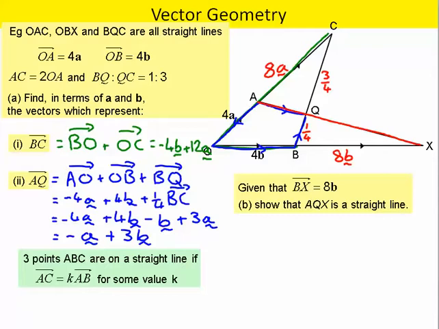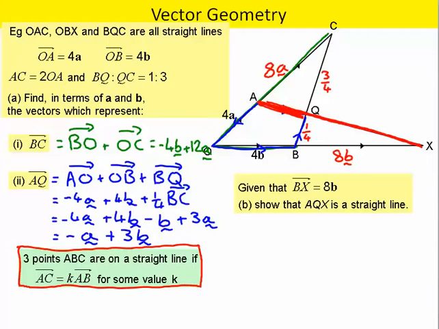Now, to show that something's a straight line, we show that the small line, that's AQ, is parallel to the big line, AX. And the reason that works is because if AQ and AX are parallel, they're in the same direction, but as they both go through Q, they must be the same line.